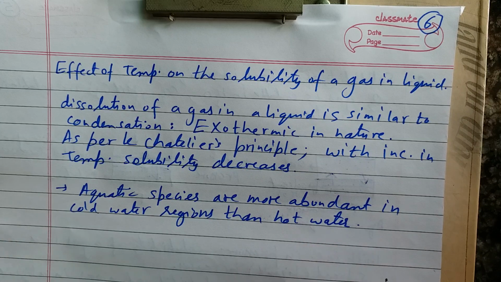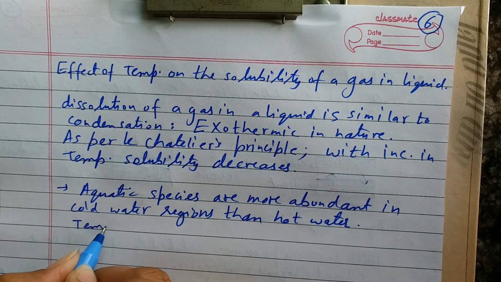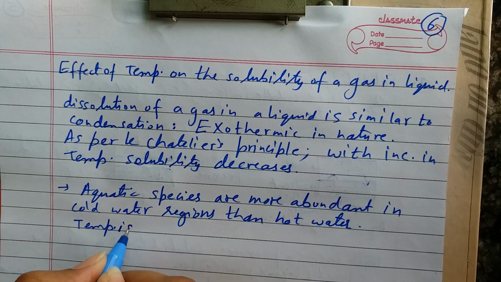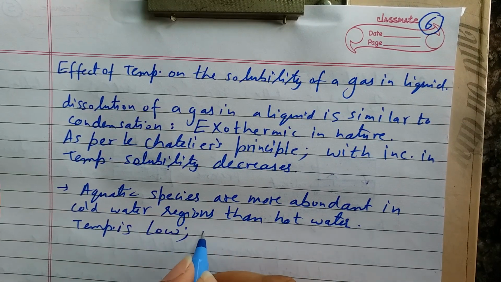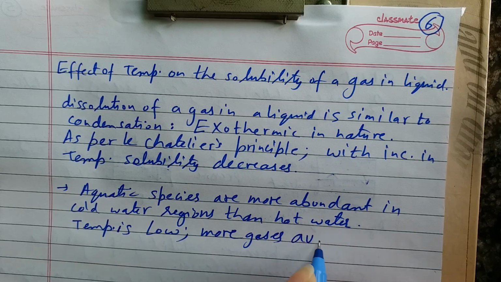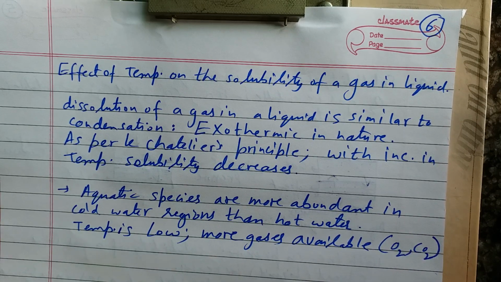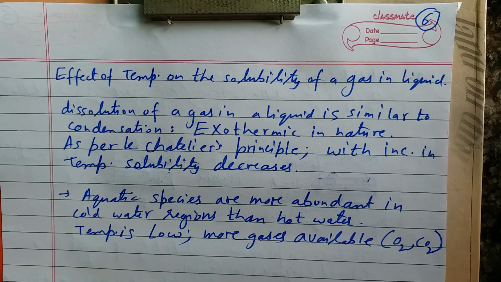And you can understand they are more common in cold water regions than in hot water, because when temperature is low, more gases are going to be available, may it be carbon dioxide or oxygen. So when the temperature is low, the solubility of gases is going to be more, and so more gases will be available when the water is cold rather than hot water.